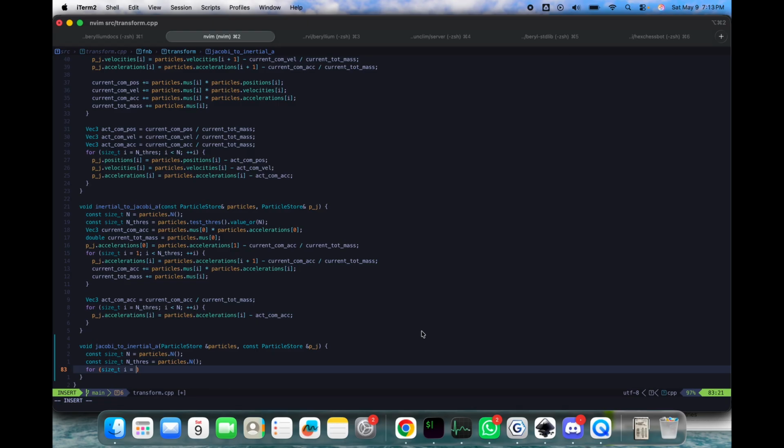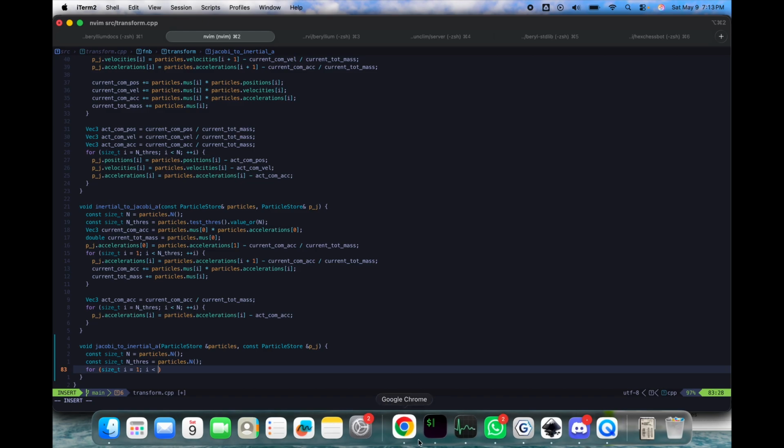How do I reverse that whole thing? For size_t i equals 1; i is less than... And I'm only going to deal with the normal particles for now, and then I'll deal with test particles.